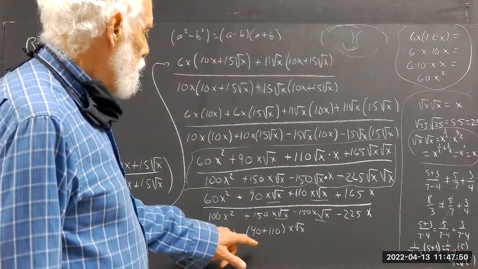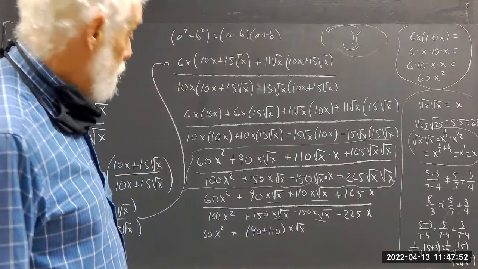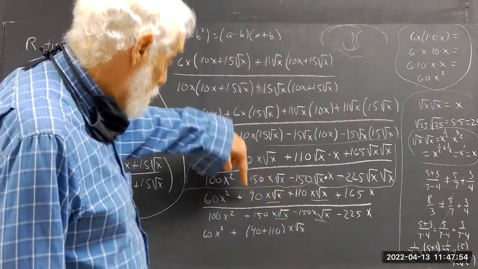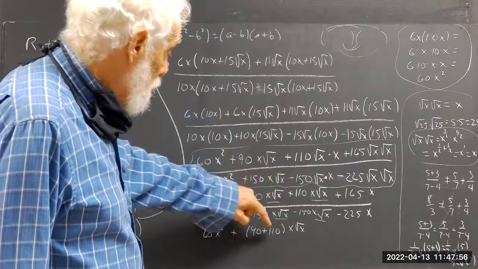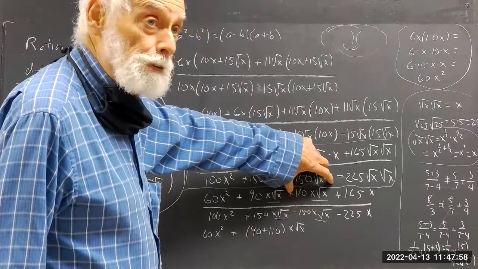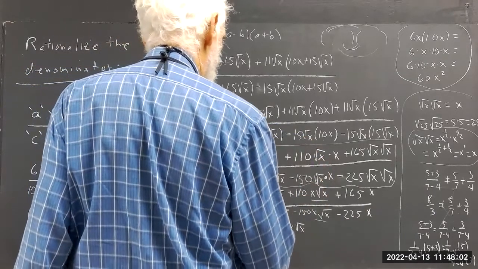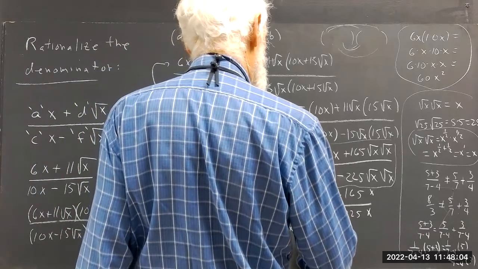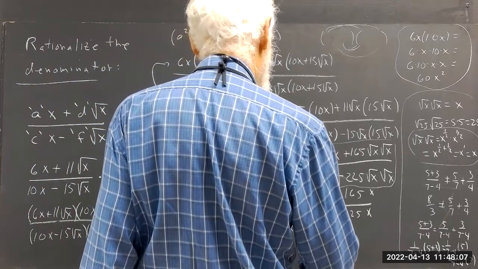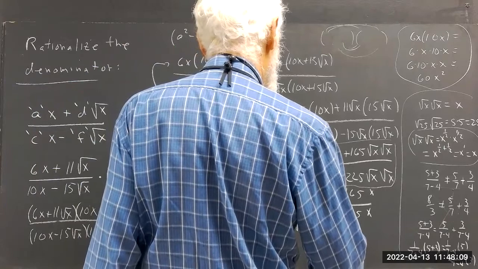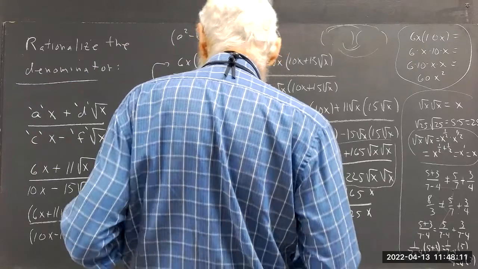Because obviously, if you multiply this out using the distributive law, you're going to have 90 times x square root of x, and you're going to have 110 times x square root of x. And then this is plus, we've already said that's x.